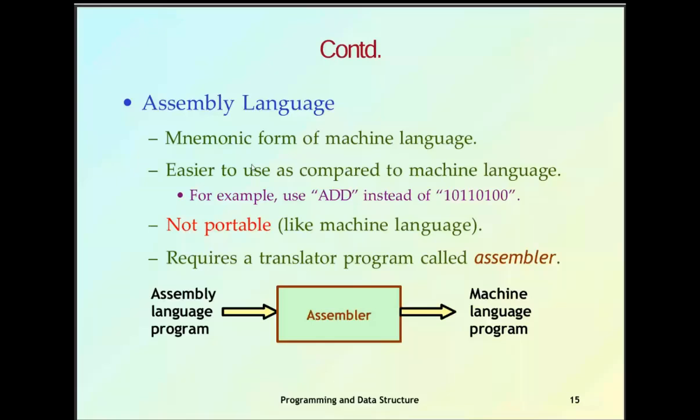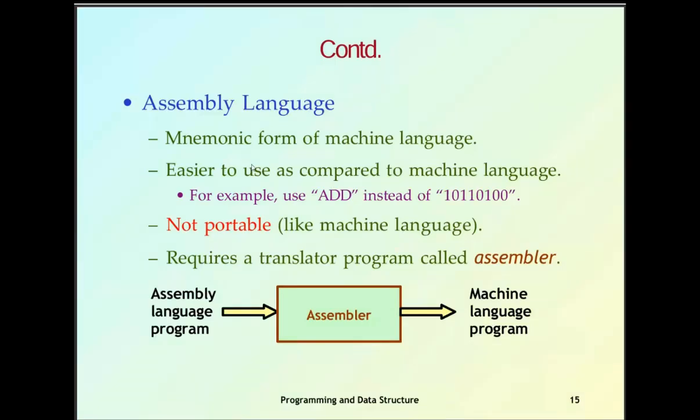Now it is difficult to remember 10110100 for addition, but as a human being, it is easy to remember ADD for addition, SUB for subtraction, DIV for division. So in assembly language, we go with mnemonics corresponding to machine language.